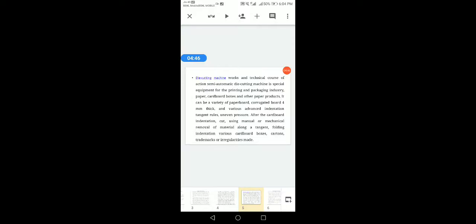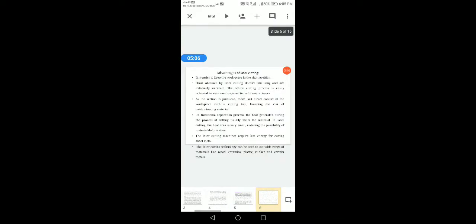After the cardboard indentation, it is cut using manual or mechanical removal of material along a tangent, folding, and creating various cardboard boxes, cartons, trademarks, or irregular shapes.